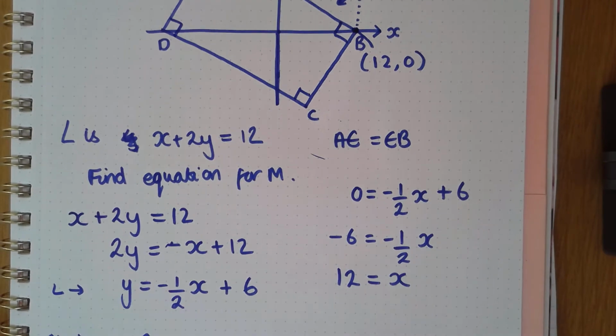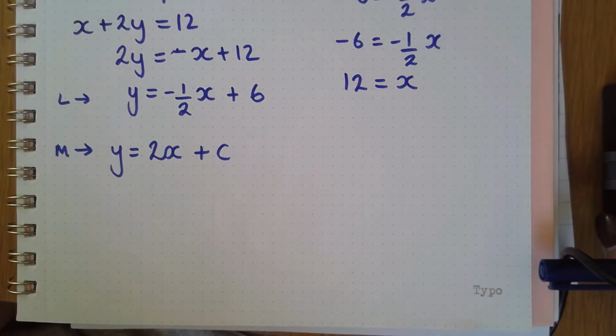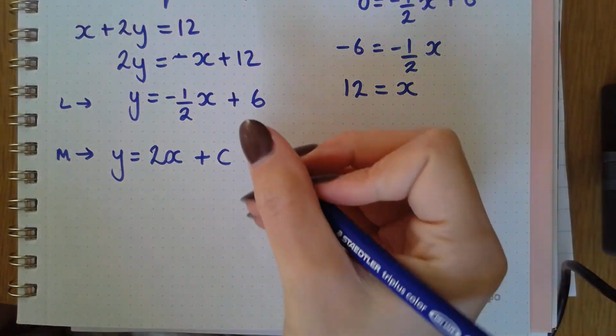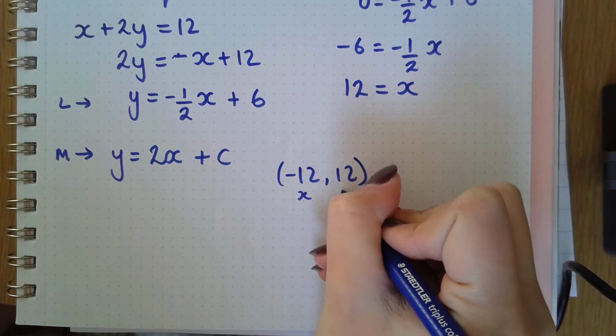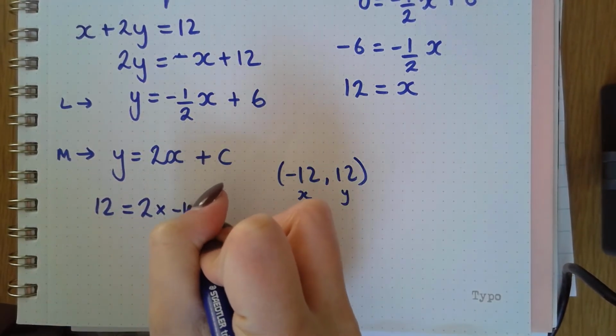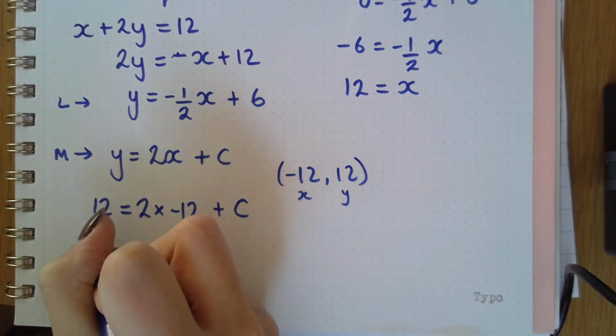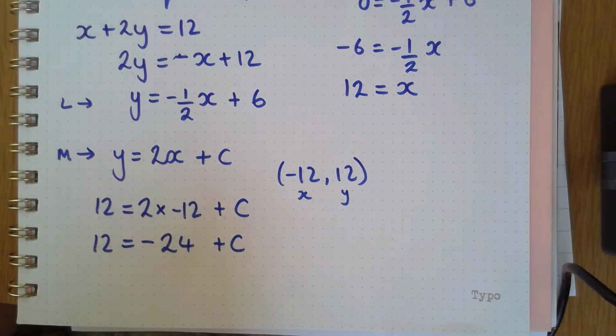Now we've got a coordinate, we can sub it in down here into M. So I'm going to sub in the coordinate minus 12, 12. This is my x, this is my y. 12 equals 2 lots of minus 12 plus c. 12 equals minus 24 plus c.